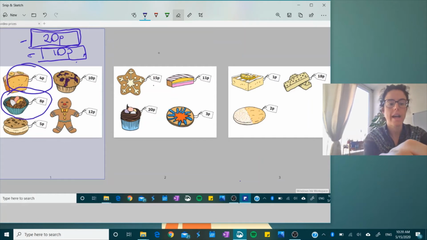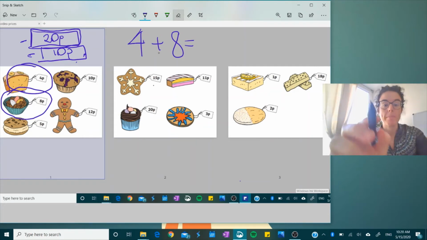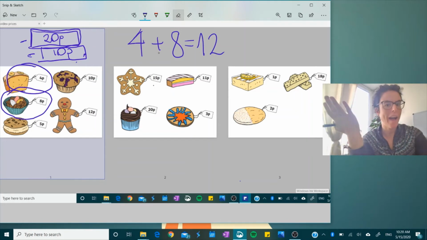So I have 4 plus 8. How much do I need to pay? What is my total? That's right, my total is 12. Okay, but I don't have exactly 12. So what can I do?